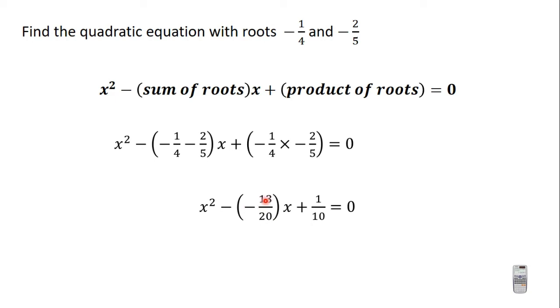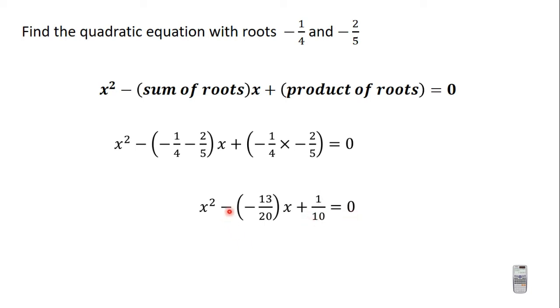So you have minus 13 divided by 20 x, minus 1 divided by 4 times minus 2 divided by 5 will give us plus 1 divided by 20. So our equation is x squared minus 13 divided by 20 x plus 1 divided by 10 is equal to 0.